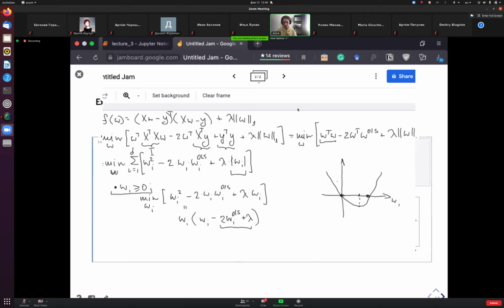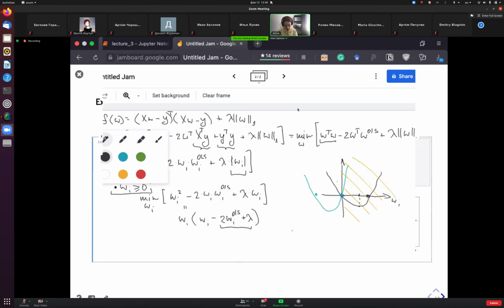If otherwise the second root is negative, then the parabola looks like this. And since we're considering only the right part of the space, so only this one, the optimum for the second case will be exactly 0.